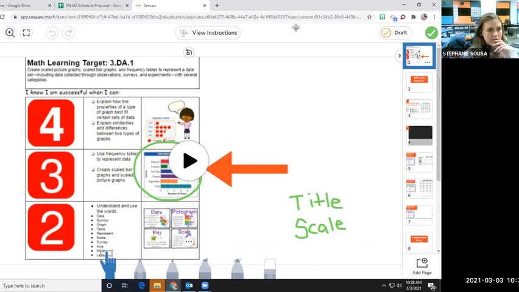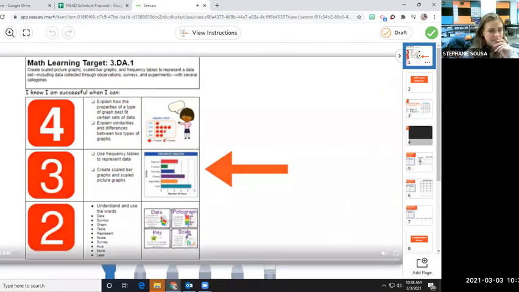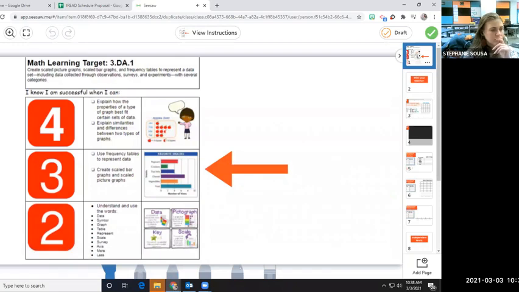All righty, here is your success criteria for the day. Today in math, we are going to create a scaled bar or picture graph using a frequency table. So we're going to look at a tally chart or frequency table, and then we're going to use that data, use that information, and turn it into a graph.